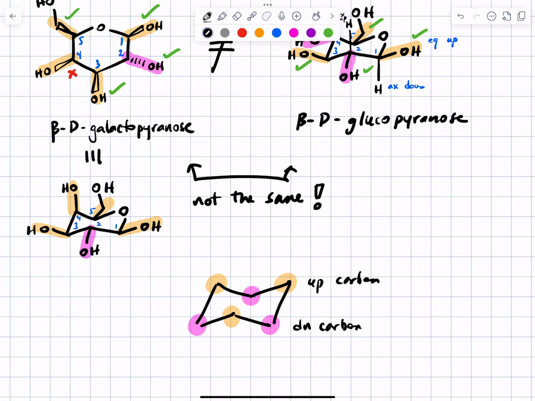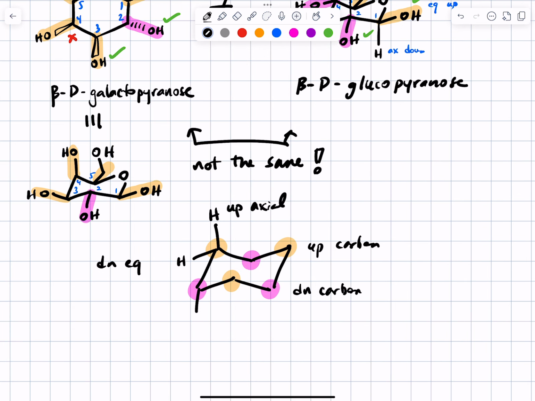At up carbons, the substituent that goes up is axial, and the substituent that goes down is equatorial. On a down carbon, the substituent that is down is an axial down group, and the substituent that is up is an equatorial up group.